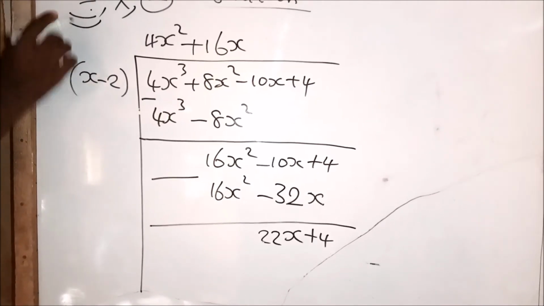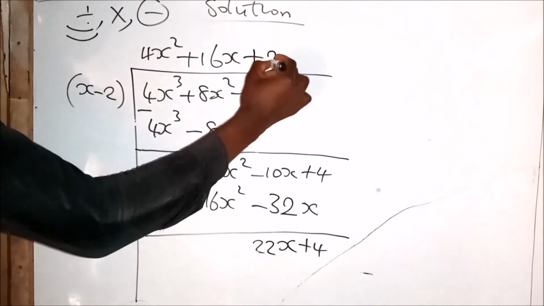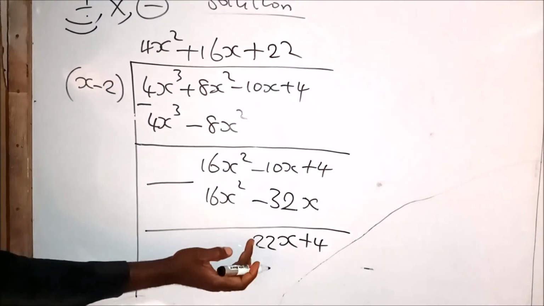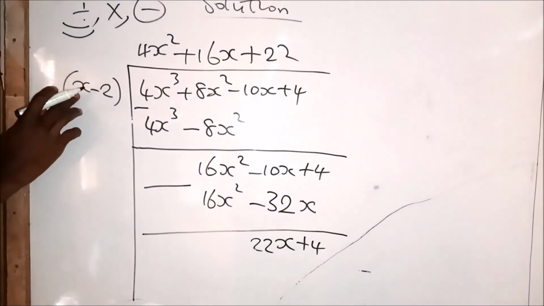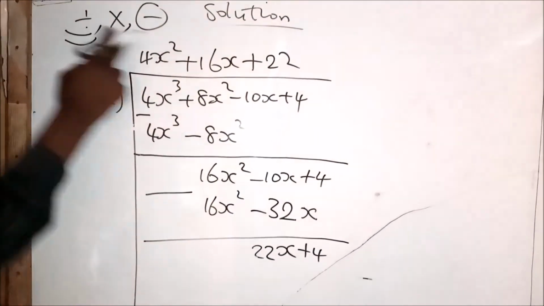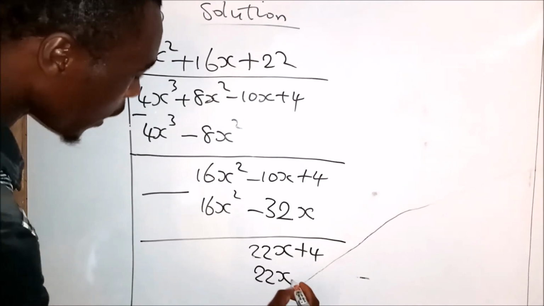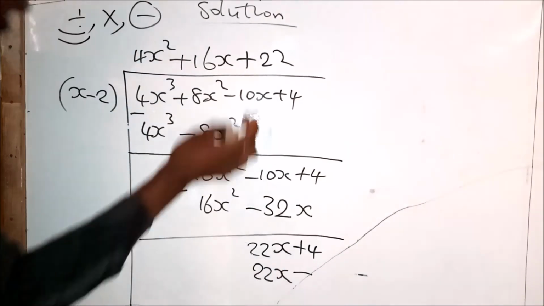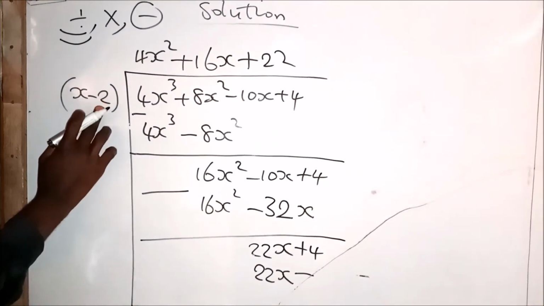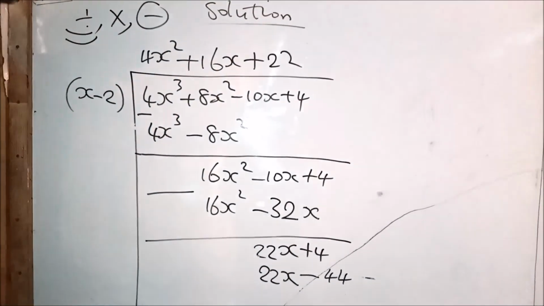We come back to division. x dividing 22x is going to give us 22. This plus is as a result of this invisible plus here. 22 multiplying x, that is the multiplication part of it now. 22 multiplying x is going to give us 22x, plus here, multiplying minus here, is minus. 22 multiplying these two here is going to give us 44.